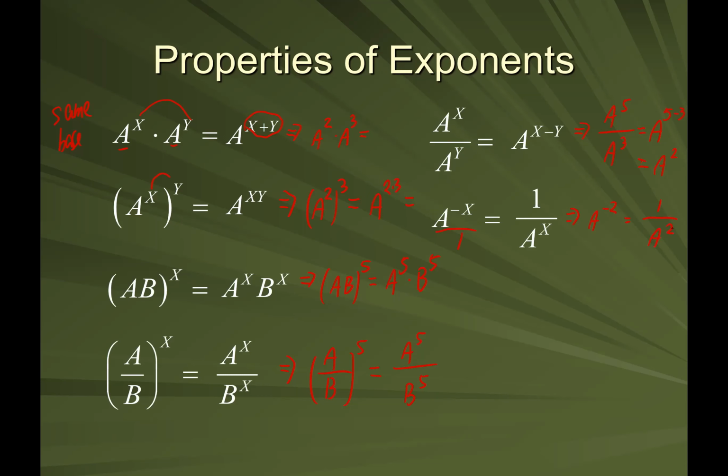Okay. So when you flip to the bottom, the power becomes positive. And also, what if we have 1 over a to negative x? You flip the negative power to the top, it becomes positive power, a to the x. Okay. So for example, let's say we have 1 over a raised to negative second power, then it becomes a to the second power.